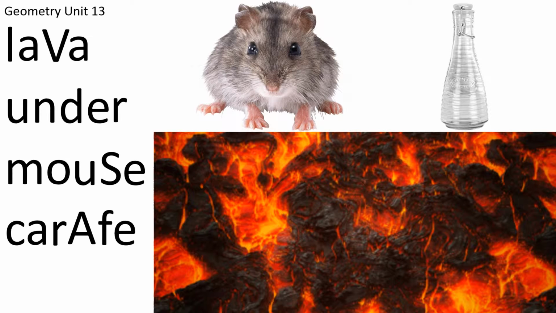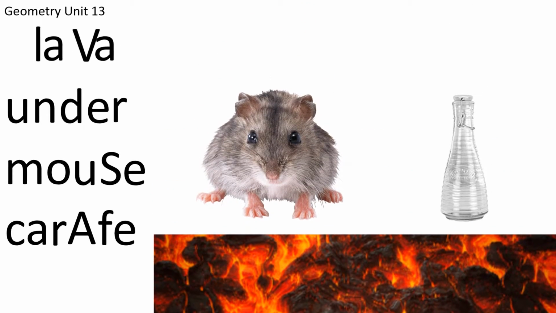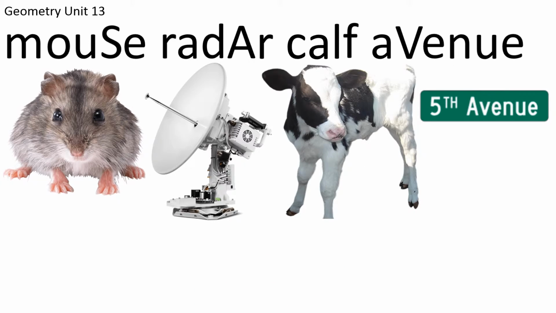Okay, so we have a brand new unit here in geometry, and it looks like we've got some lava that's under a mouse and a carafe. Can't believe that's what we're really going to study. Oh, this makes much more sense.